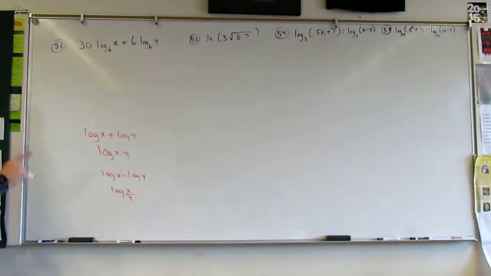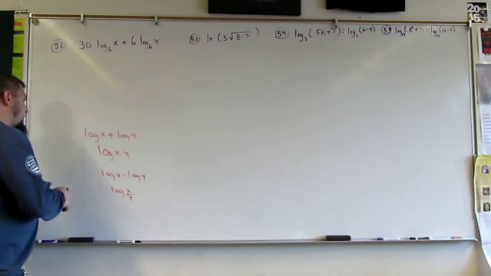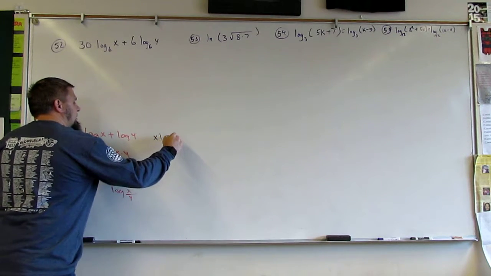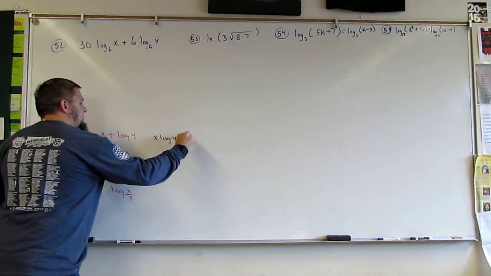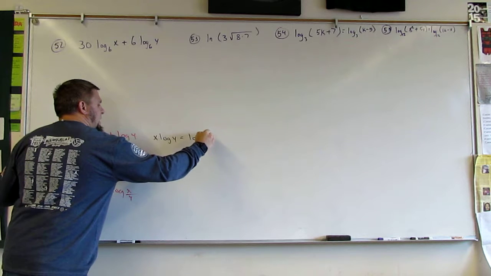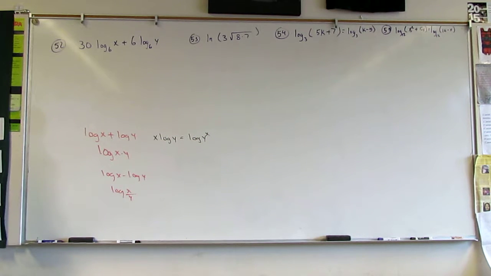Another rule is, if I have x log y, then that equals log of y to the x. So those are basic rules that we need. And then we can condense and expand due to those rules.